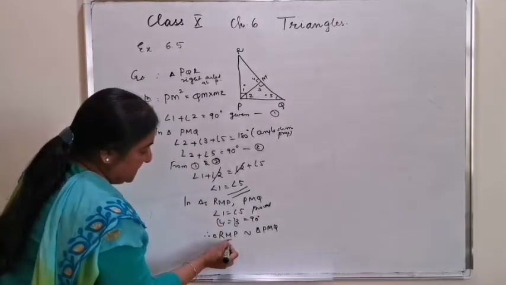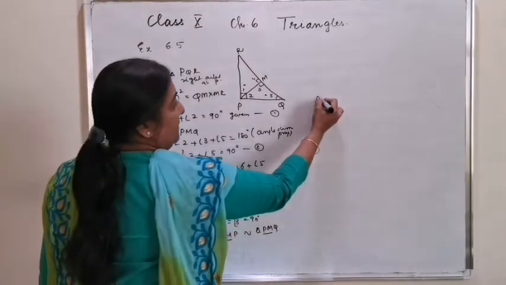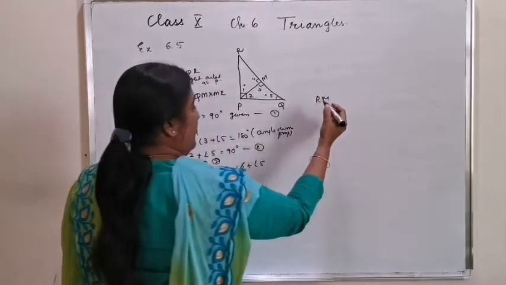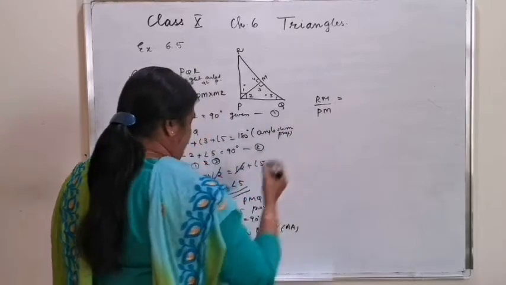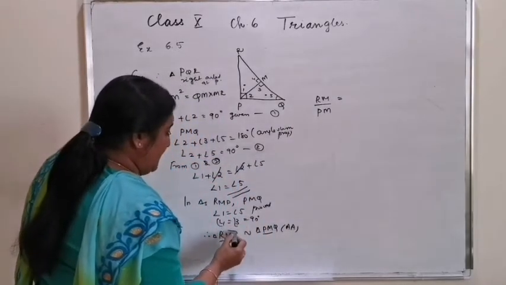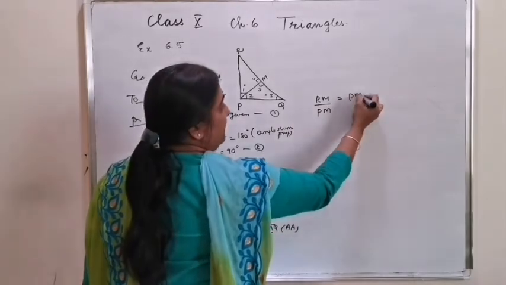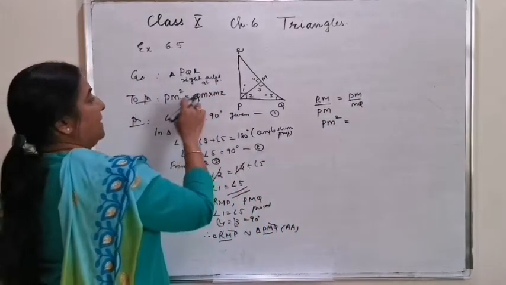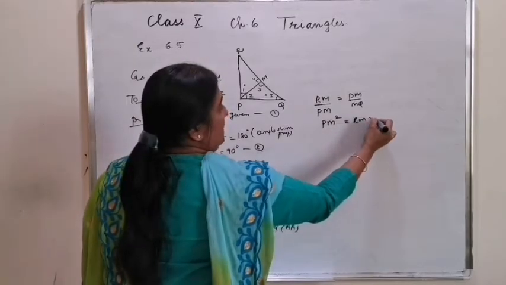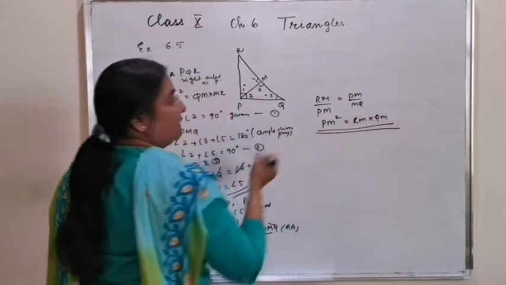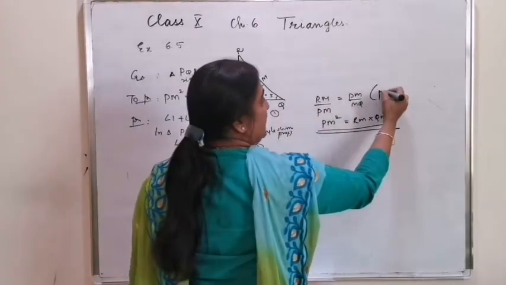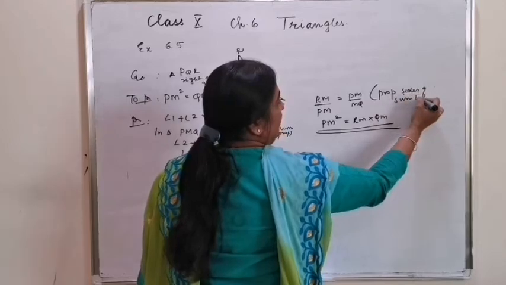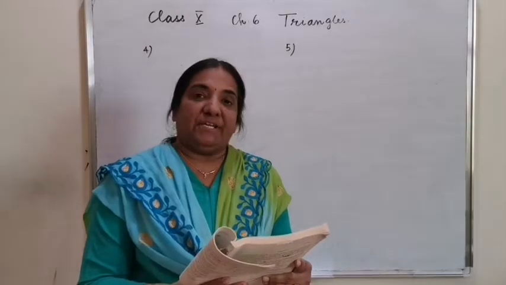The proportional sides, RM by PM is the same as PM by MQ, or PM square is equal to RM into QM. You can write here proportional sides of similar triangles.